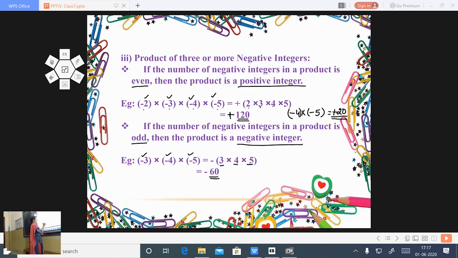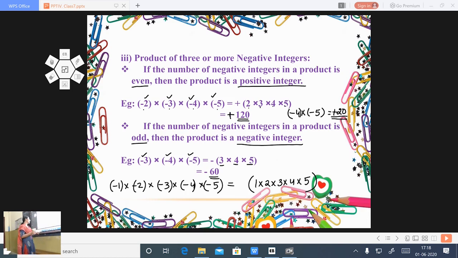Is it clear? One more example. Minus 1 into minus 2 into minus 3 into minus 4 into minus 5. Okay. What is the first step? Multiply them as whole numbers. That is 1 into 2 into 3 into 4 into 5. Is it clear?